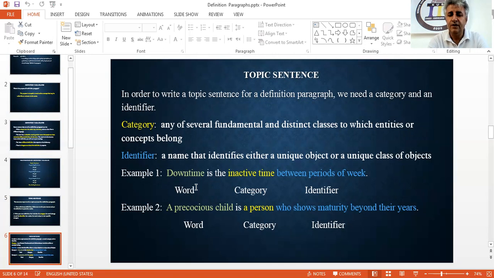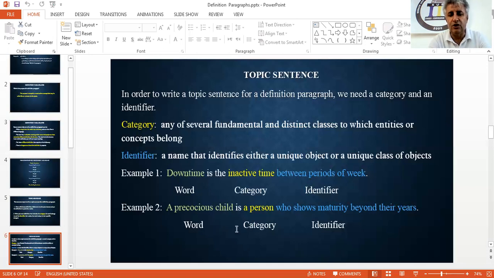And then among the different kinds of time, we identify it for the reader. So you say, inactive time between periods of work. By using identifiers, you explain and clarify the category more to make it distinguished from other words in the category.